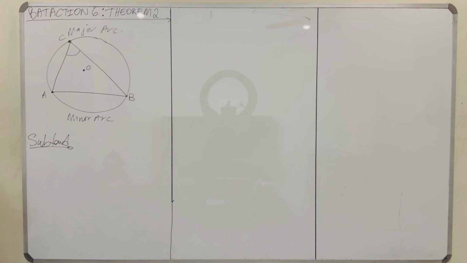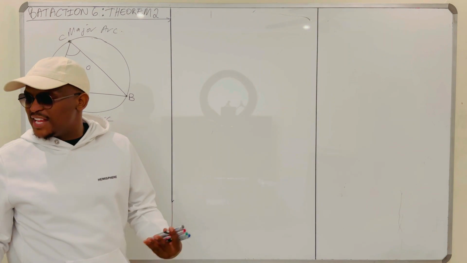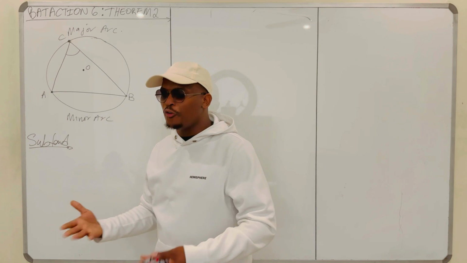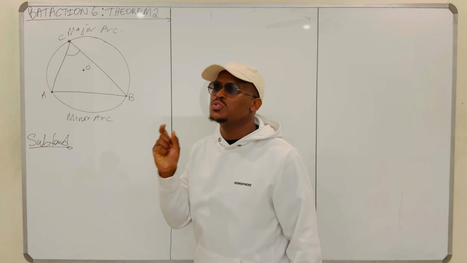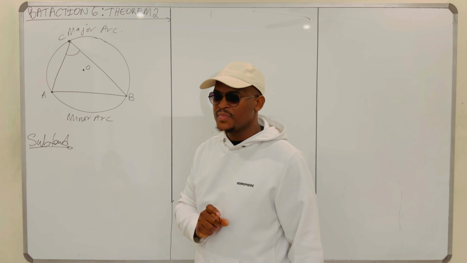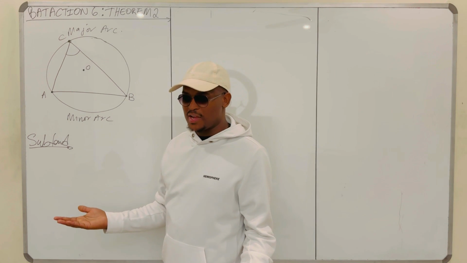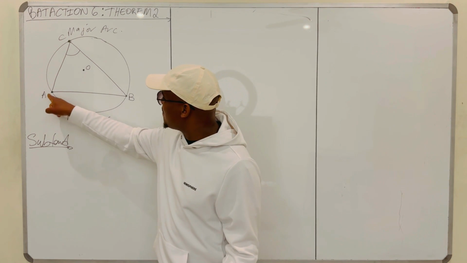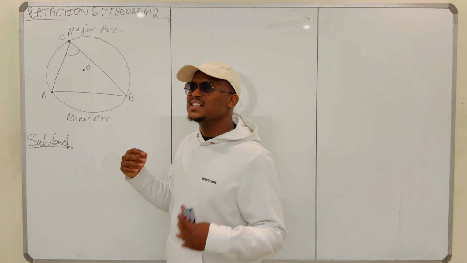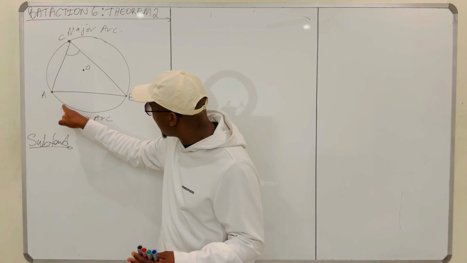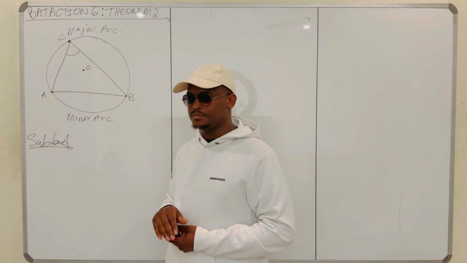Yes. No problem. So, angle C is subtended, which means it is formed between 2 lines. But the question is, where do those lines come from? There are 2 ways you can look at it. You can say these 2 lines are coming from the chord AB. Are you with me? Yeah. Or you can say the 2 lines are coming from this arc AB.